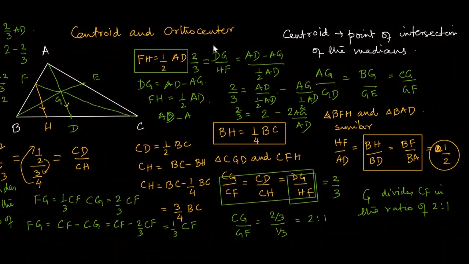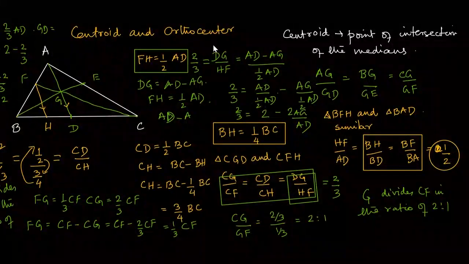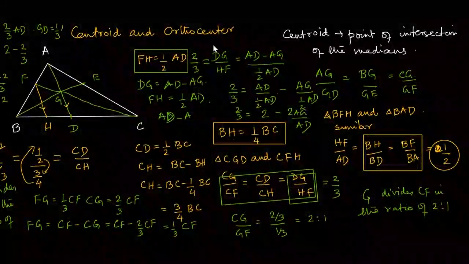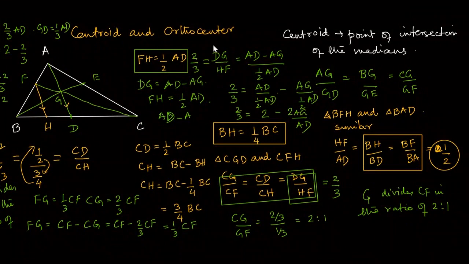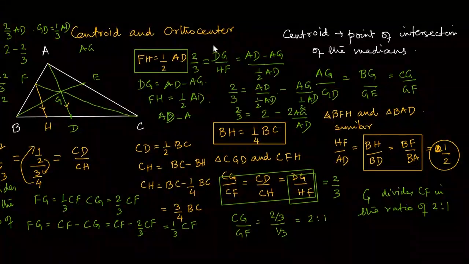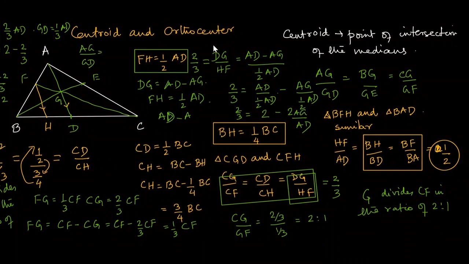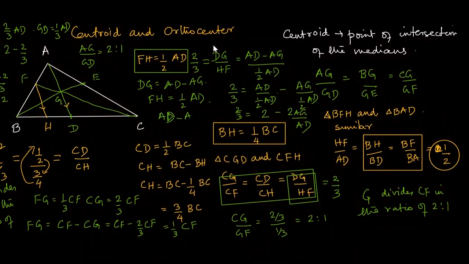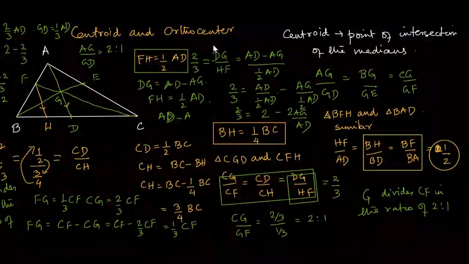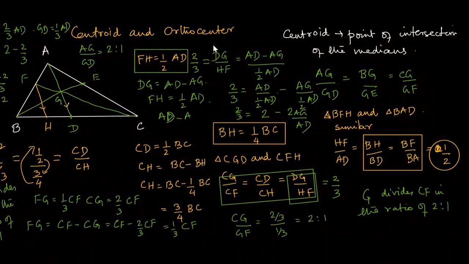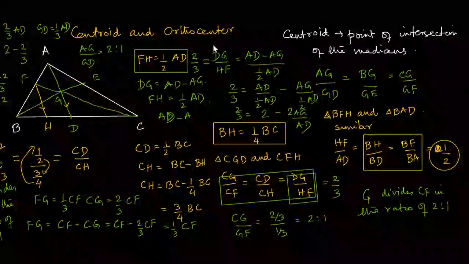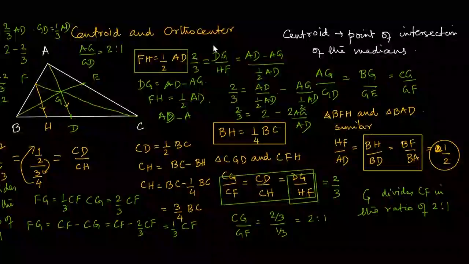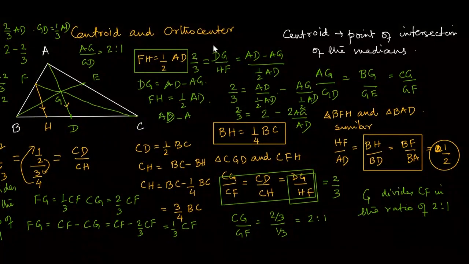So GD would be how much of AD? 1/3 AD. So what would be the ratio AG is to GD? 2 to 1. So therefore G divides AD in the ratio of 2:1. Clear?